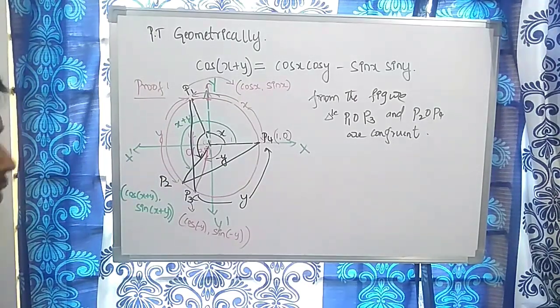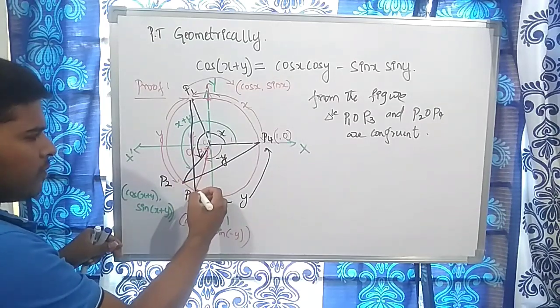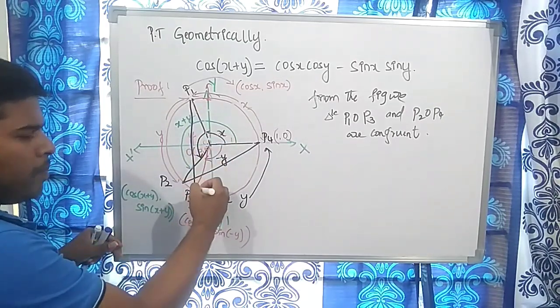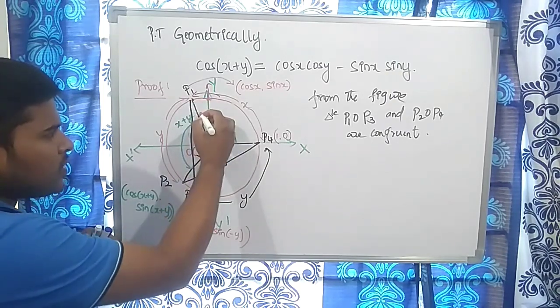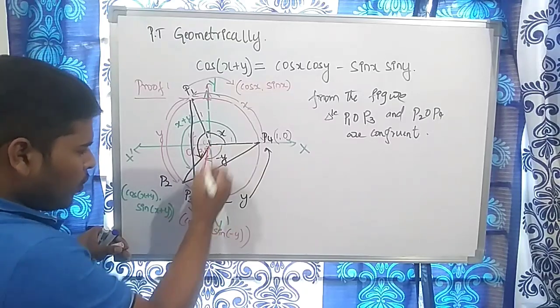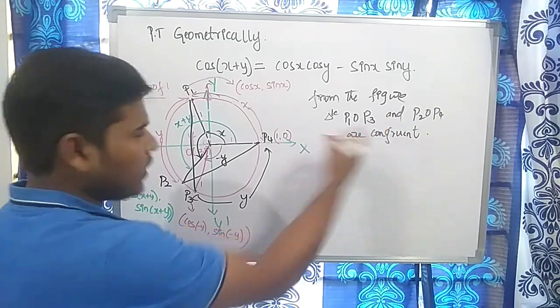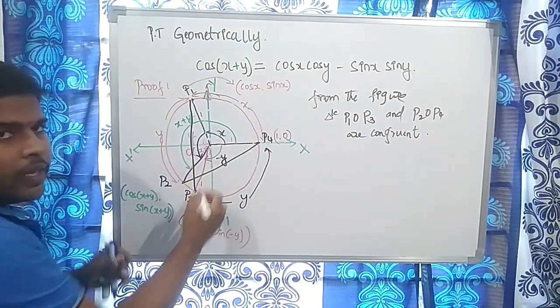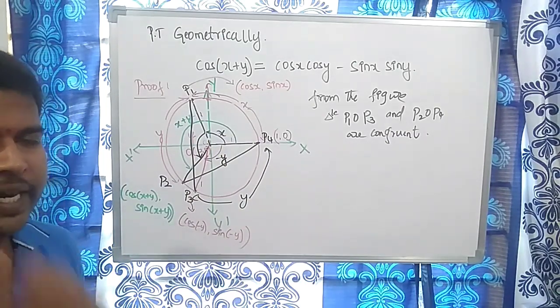The distance from O to P1 is 1 unit, it is nothing but a radius. Again the distance from O to P3 is 1 unit. In triangle P1O P3 the two sides are equal.